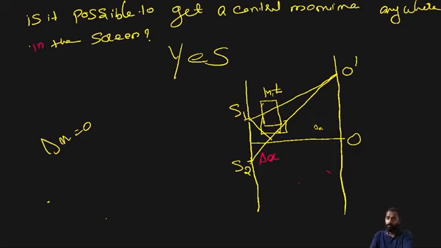For the central maxima, we need delta x to be 0. The difference of phase between the two should be 0. That means they should be in equal phase.